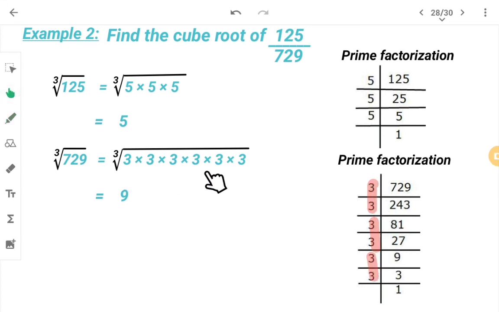So what you will get? You will get 9. What is the next step? The cube root of 125 by 729 is equal to 5 by 9.